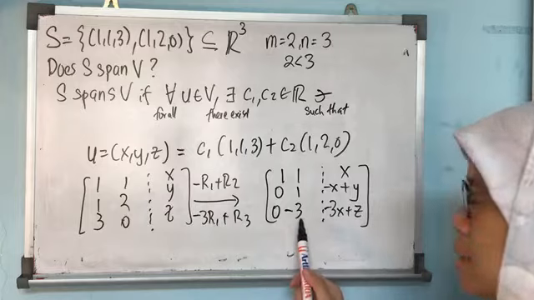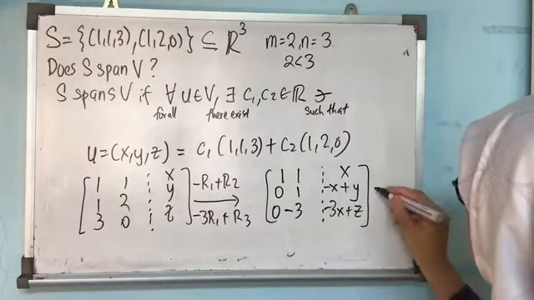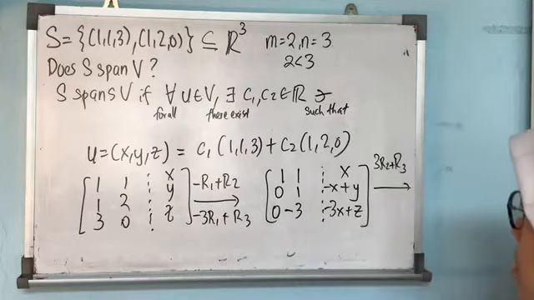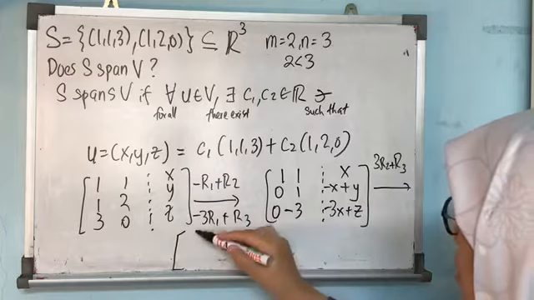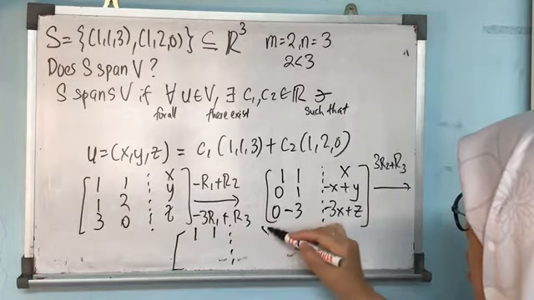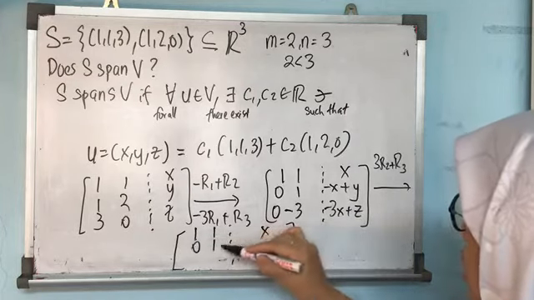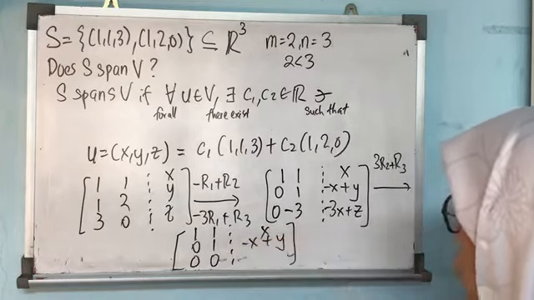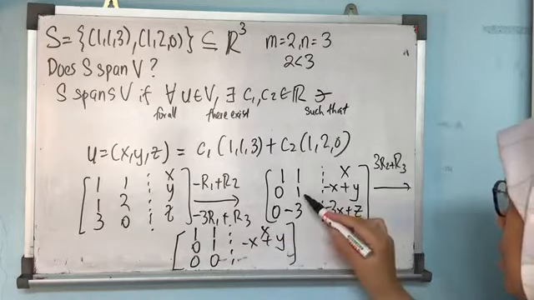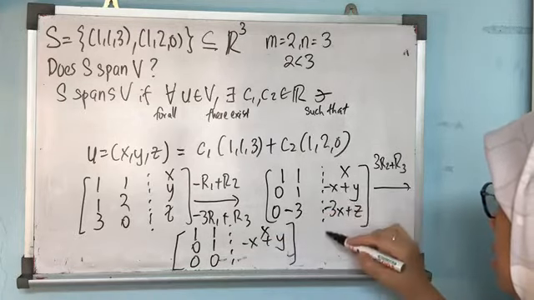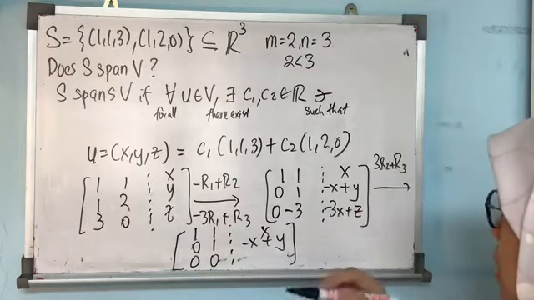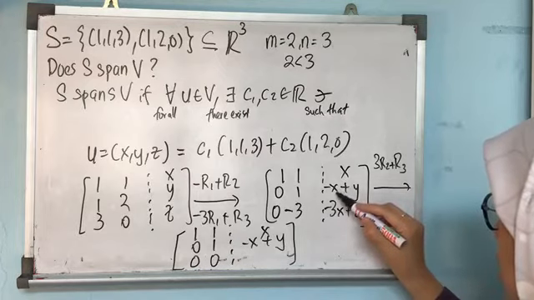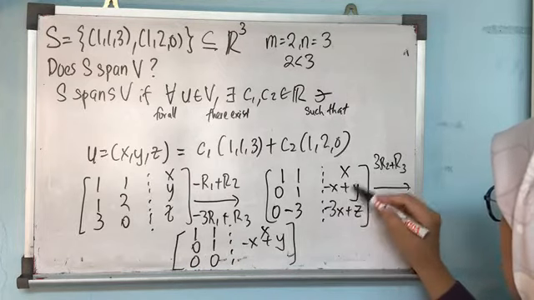Now you want to make this 0. So 3R2 plus R3. So the last one will be 1, X; 0, 1, negative X plus Y; 0, 0. You multiply this with 3 and add.